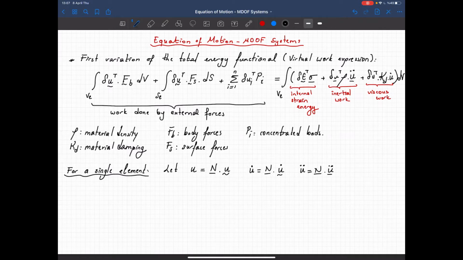Okay, so I will call this energy equation 1, and now these interpolation functions equation star.